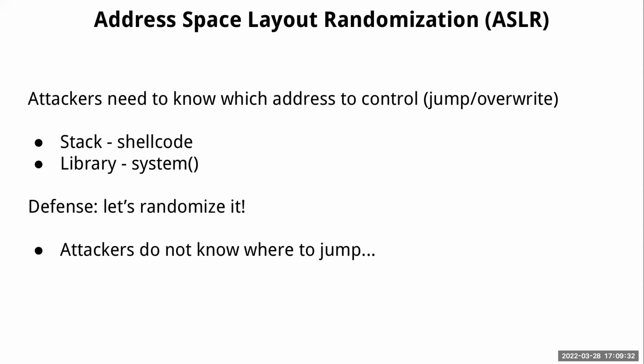So every time attackers have to guess, and we can make that guessing very, very difficult. That is the idea of address space layout randomization. The high-level idea is we randomize things, randomize their locations in the address space, so the attacker will not know where to jump to.